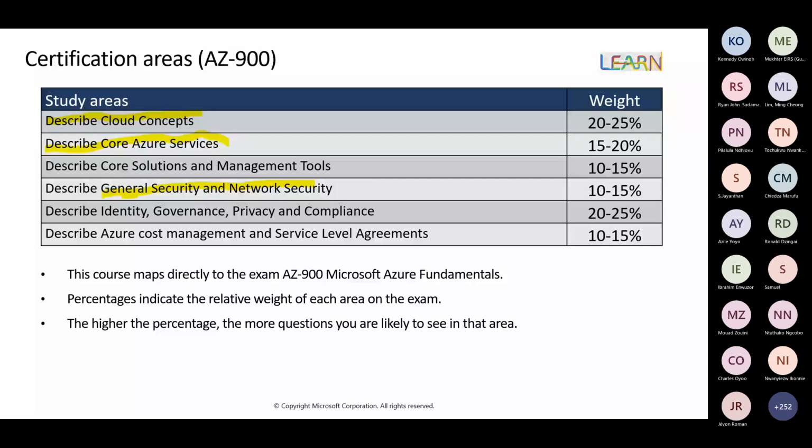Now, if you're going for writing the exam, you need to prepare all these topics. There are 7 areas or categories you need to prepare. After that, you need to go for writing the exam. Now, writing the exam is very easy. You can go to the same portal.